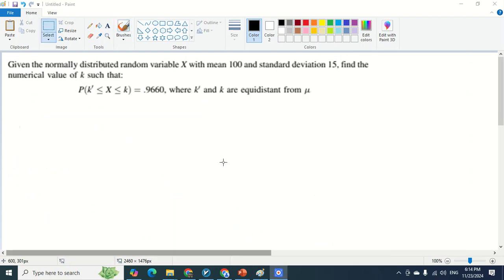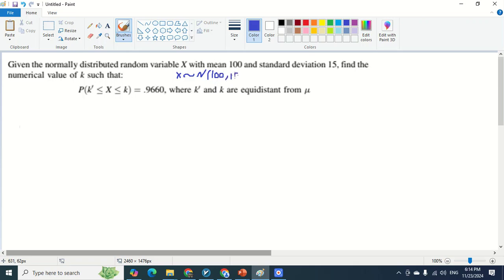As you can see over here, we have a similar question for a given normal distribution function. In this question, they ask: given the normally distributed random variable x with mean of 100 and a standard deviation of 15, meaning that x follows the normal distribution with the mean of 100, so I just put 100 instead of mu, and also the standard deviation of 15.